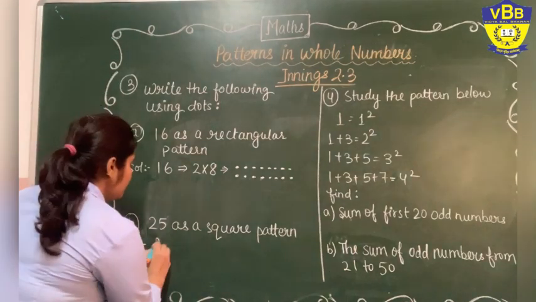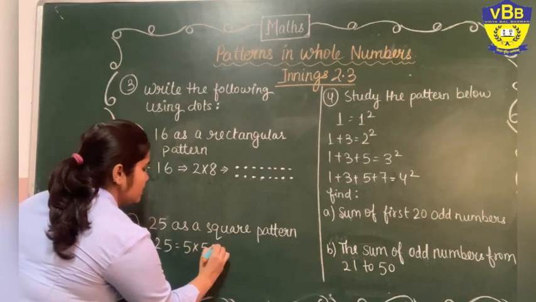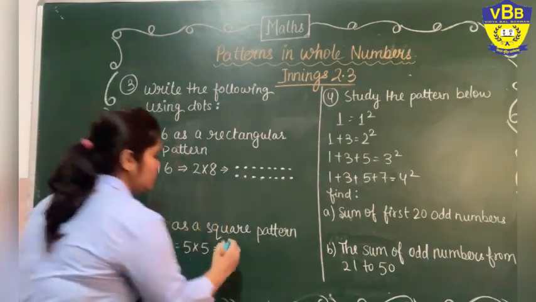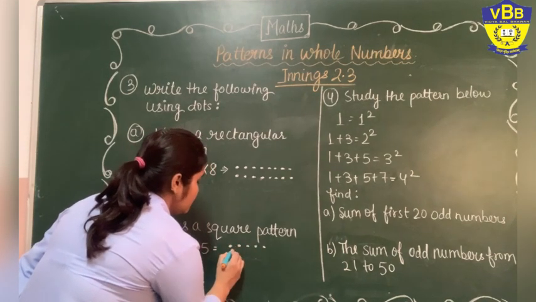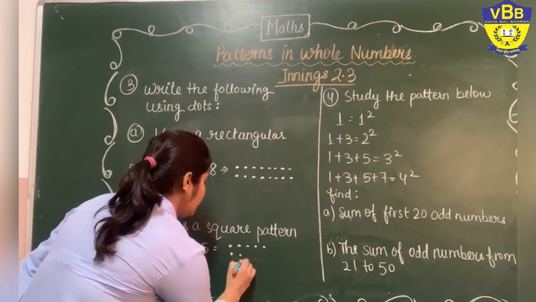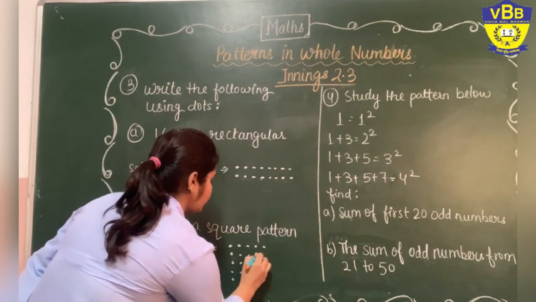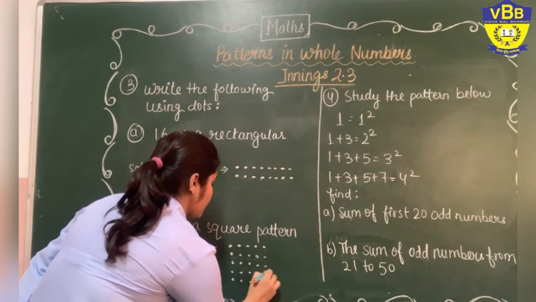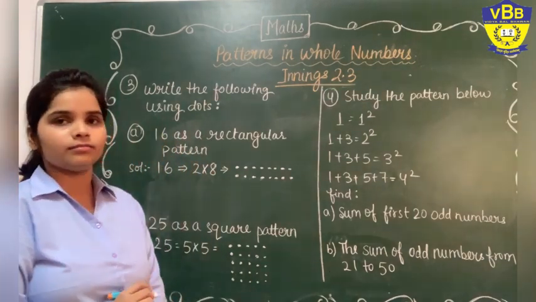So 25 is represented as 5 multiplied by 5, and we represent it in square format: 5 rows, 5 columns, like 1, 2, 3, 4, 5, 2, 3, 4, 5. Represent them in a square like this. This is represented as a square.